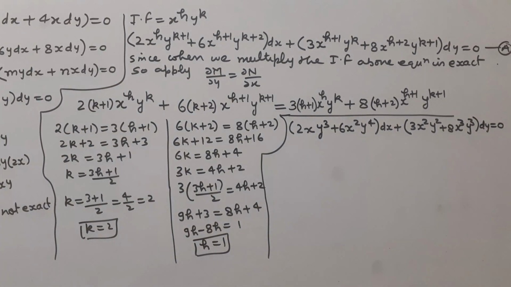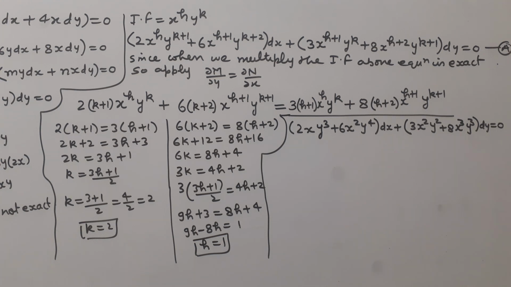Here we put the values of h and k in the above equation A. In place of h we put 1, in place of k we put 2, so this is 2xy cubed. In the second term, in place of h we put 1, so 1 plus 1 is 2, so this is 6x squared.